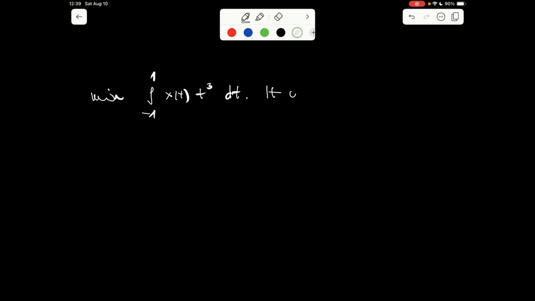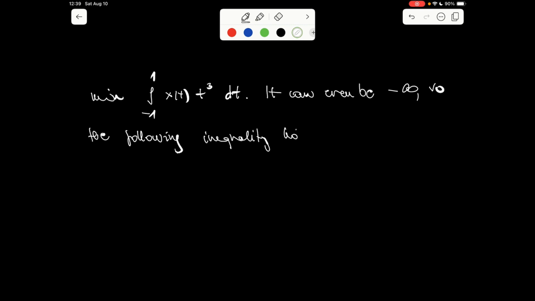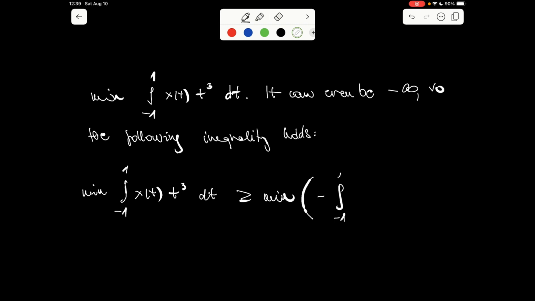So the following inequality holds. This minimum, so the minimum of this integral, cannot be lower than this integral.